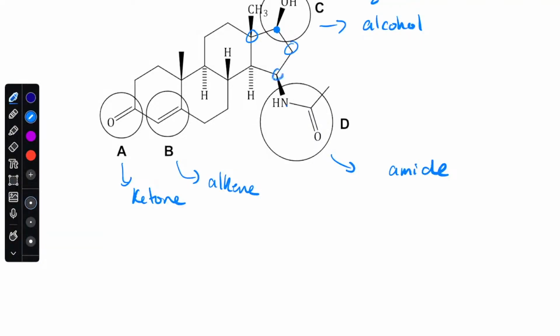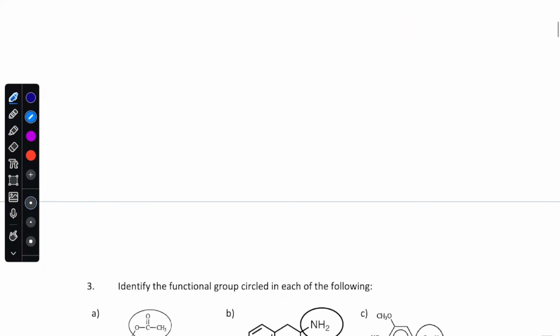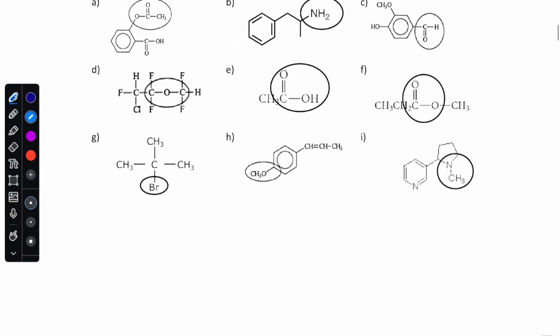And that nitrogen is attached to 2 carbons, so it's also a secondary amide in this case. Great, 2 was quick, a lot quicker than number 1. 3, identify the functional groups circled in each of the following. What's A?